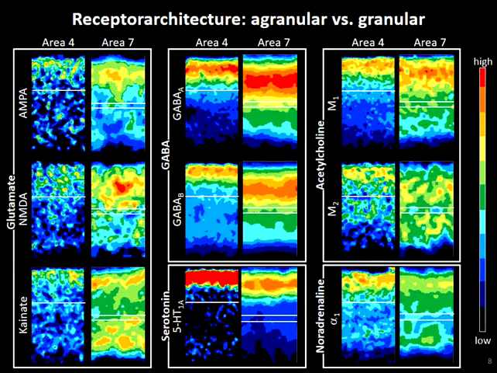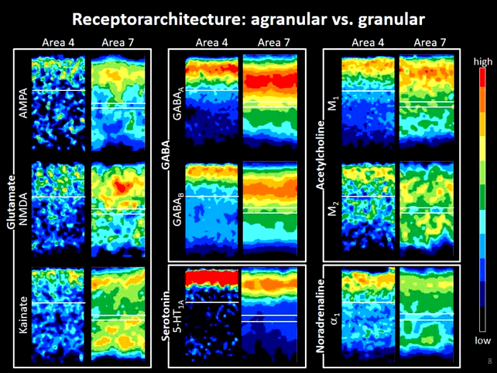Now here you can see receptor autoradiographs obtained from sections neighboring the cytoarchitectonically processed sections I just showed you in the previous slide, okay? And they show the distribution of receptors for glutamate, GABA, noradrenaline, acetylcholine, or serotonin from the pial surface, which would be located at the top of the slide, to the layer 6 white matter border, which would be at the bottom of the slide, in areas 4 and 7.